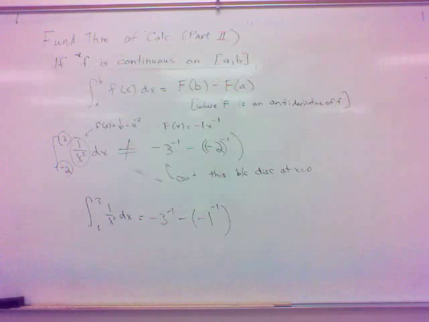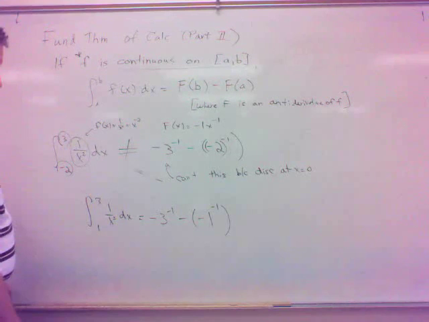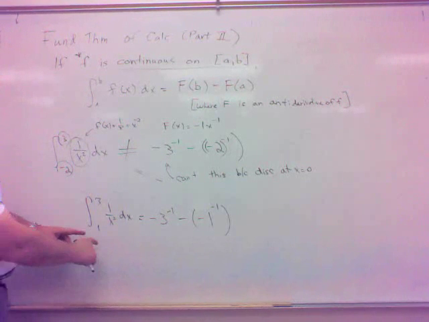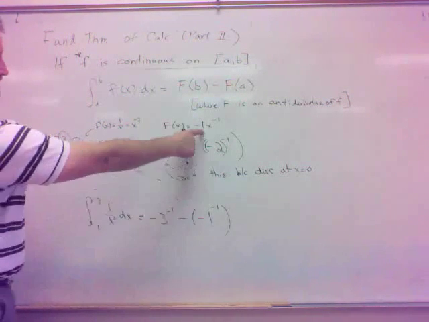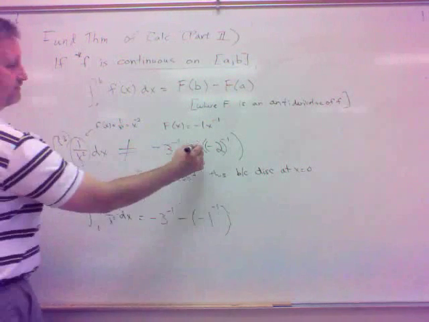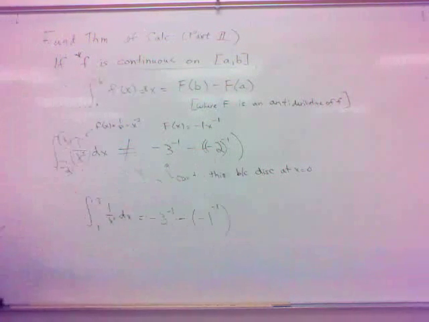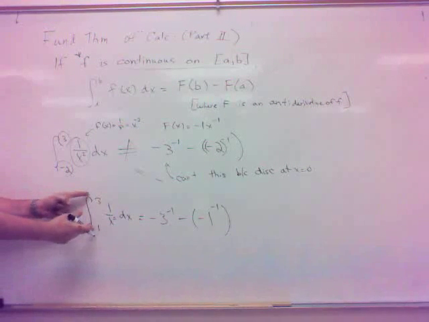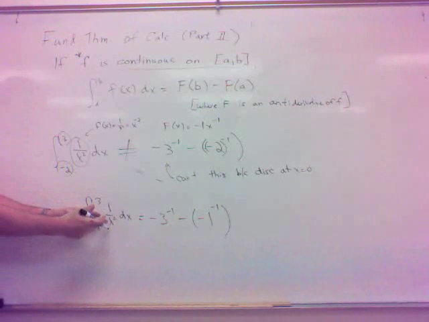Would that be right? Well, the antiderivative has a negative in it too. Yeah, I think I actually forgot a negative here. But anyway, yeah, this one we can do this way because it is continuous from 1 to 3.